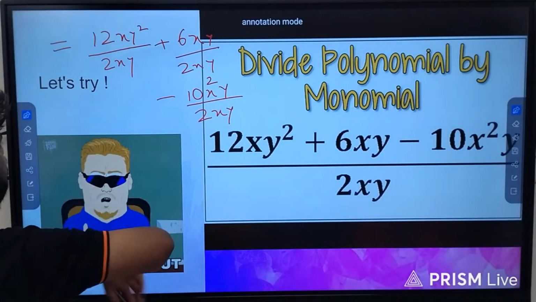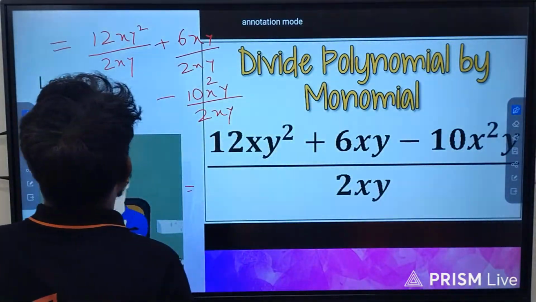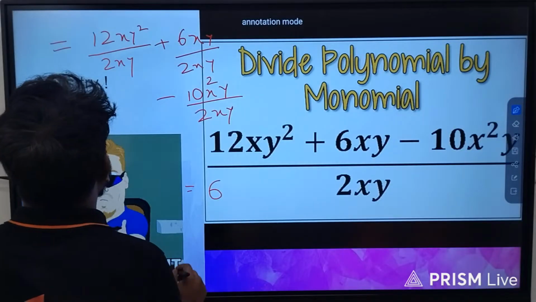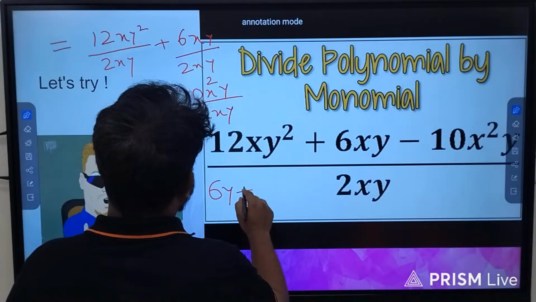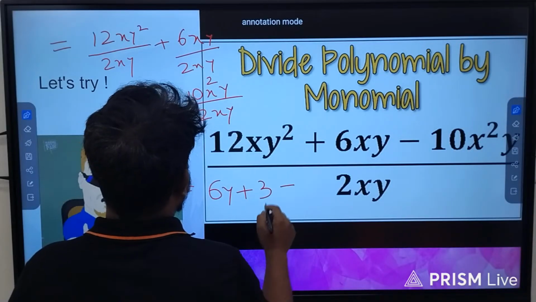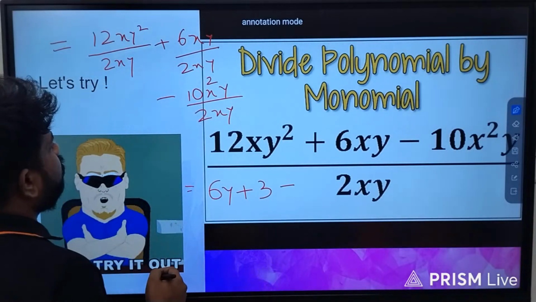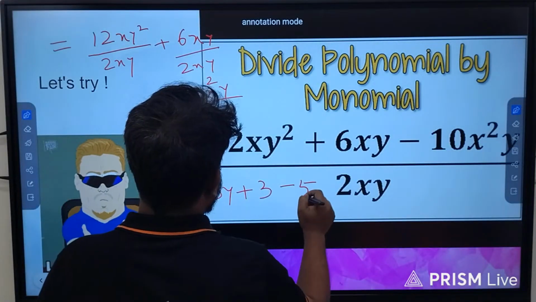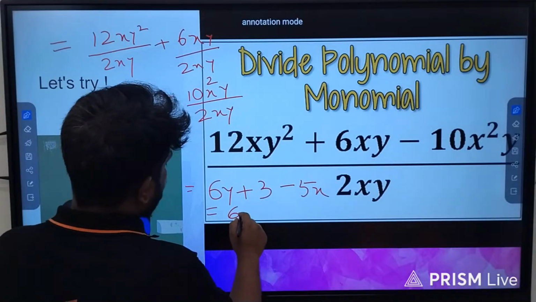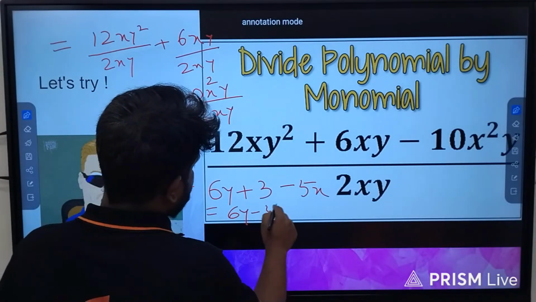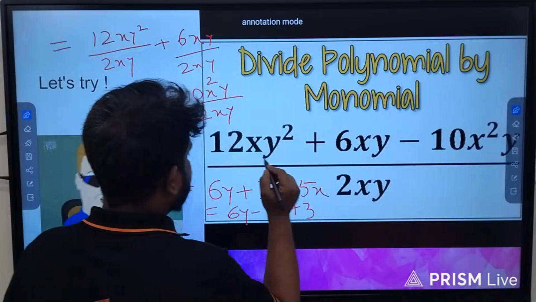After doing this we will get the answer as 6y plus 3 minus 5x. If we arrange this we get 6y minus 5x plus 3.